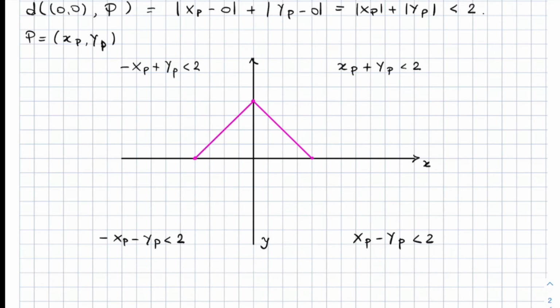So it's this line here. The line minus xp minus yp equals 2 goes via minus 2, 0 and 0, minus 2. So it's this line here. And finally, the line xp minus yp equals 2 goes via 2, 0 and 0, minus 2. So it's this line. As I said, these points are 2, 0, 0, 2, minus 2, 0, and 0, minus 2.